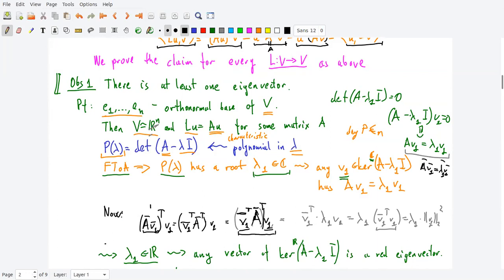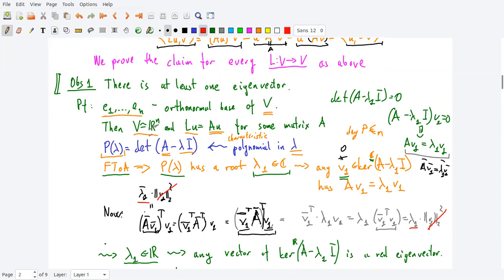Yes. So this is equal to lambda 1 conjugate times again V1 L2 norm squared. Right. So now V1 was a non-zero vector. I took any non-zero vector from the kernel. So I can now cancel this out and see that lambda 1 is equal to lambda 1 conjugate.